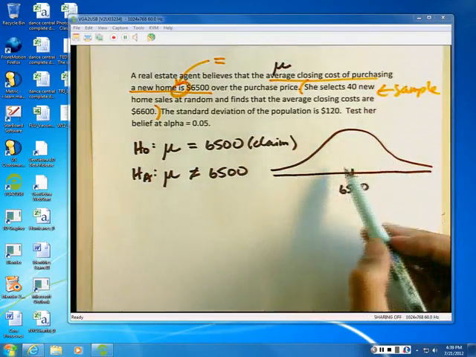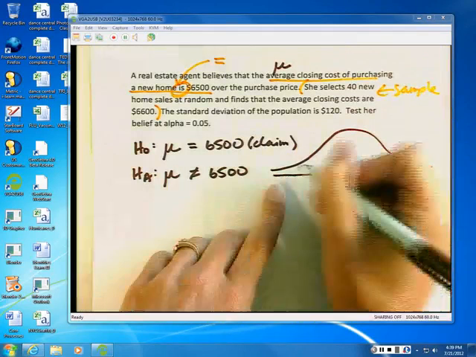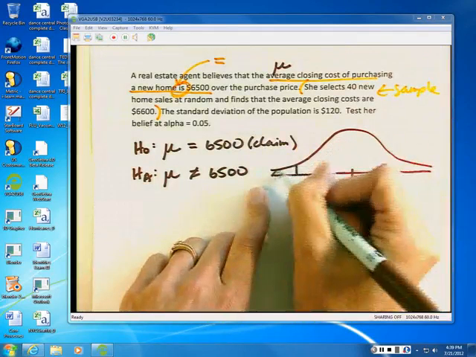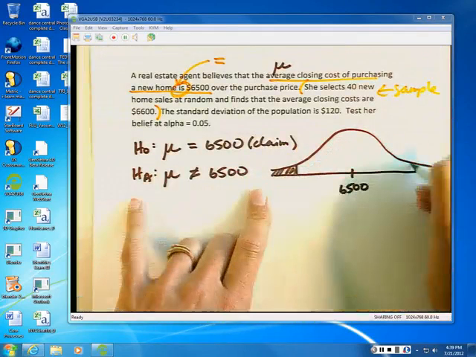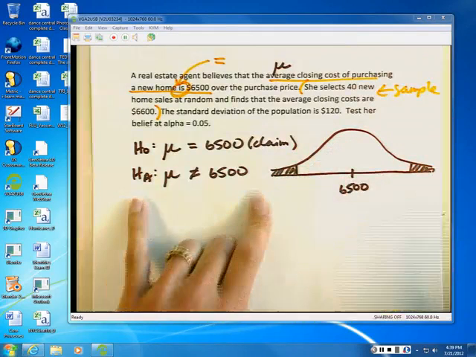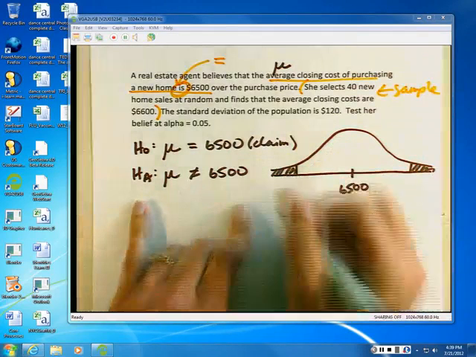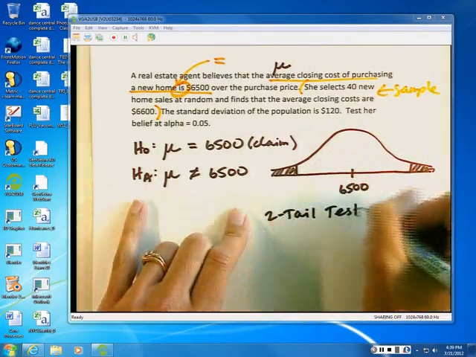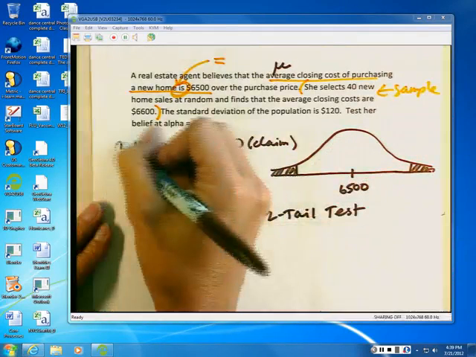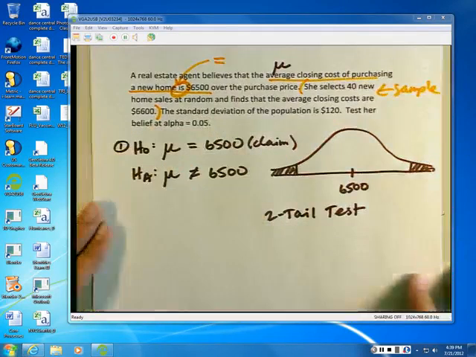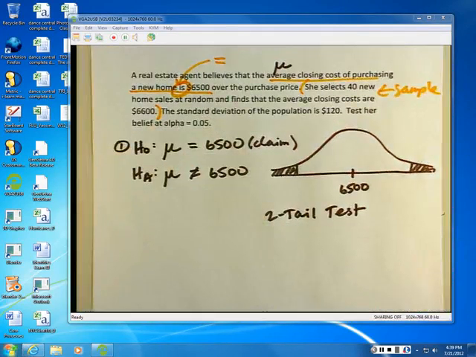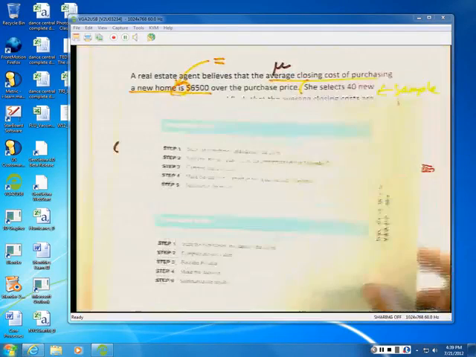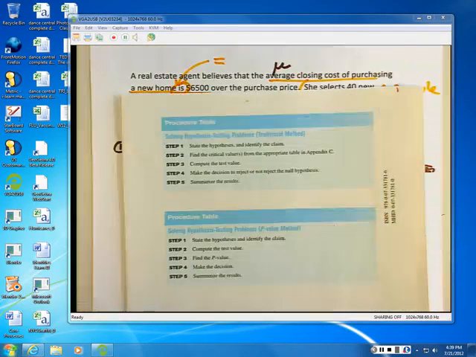But she just wants to know if it is or it isn't. So these could end up to be significantly less than $6,500 or significantly more than $6,500. So we are looking at a two-tail test. Okay, so that's our first step. As I look at the procedure table, I'm going to put it over the top here for just a second. You'll see me deviate from the procedure table just a tiny bit.